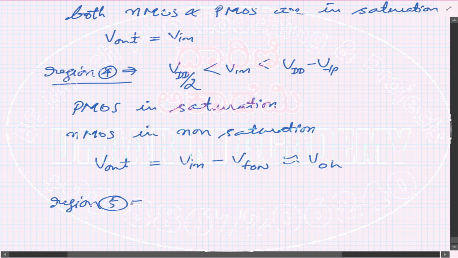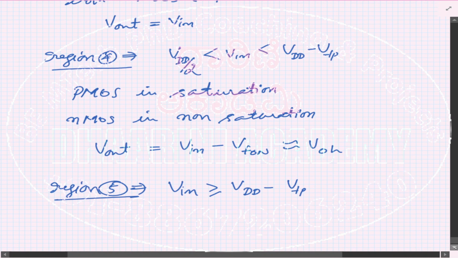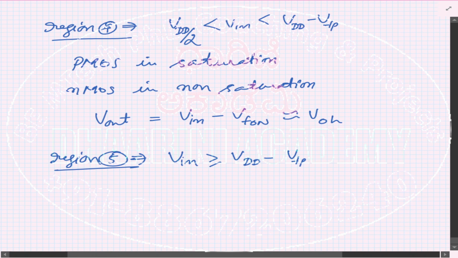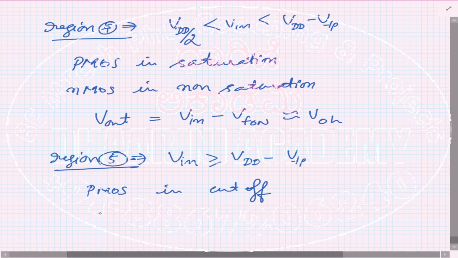Then this is region number 5. What is the condition? Let's write it first. The input voltage should be greater than or equal to VDD minus VTP, which means it should be closer to VDD. Now you see the PMOS is in cutoff and the NMOS is in linear.